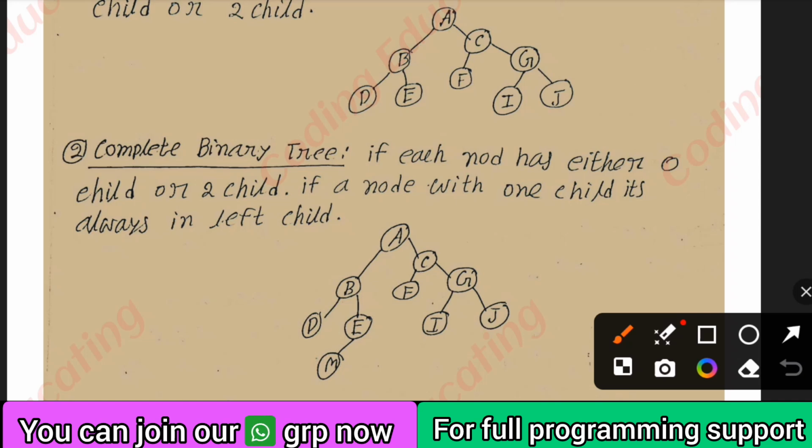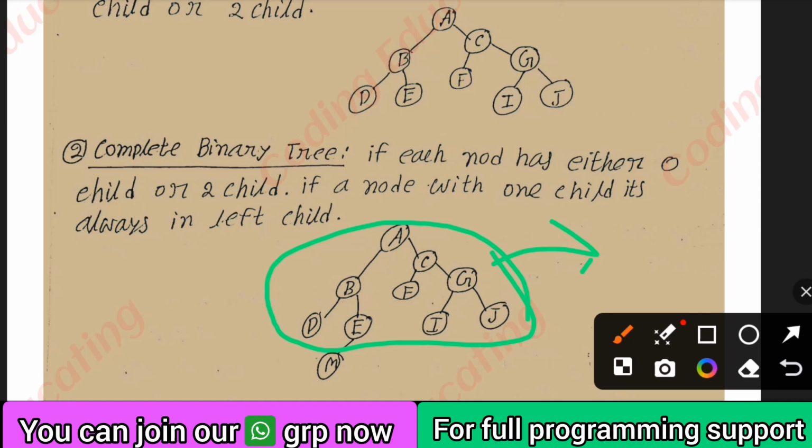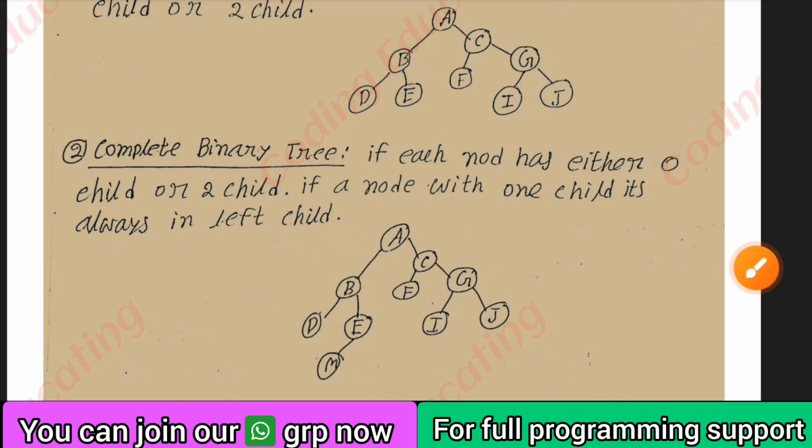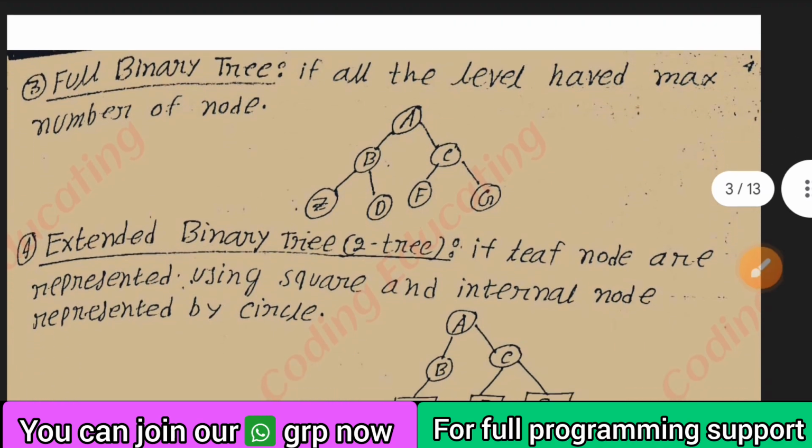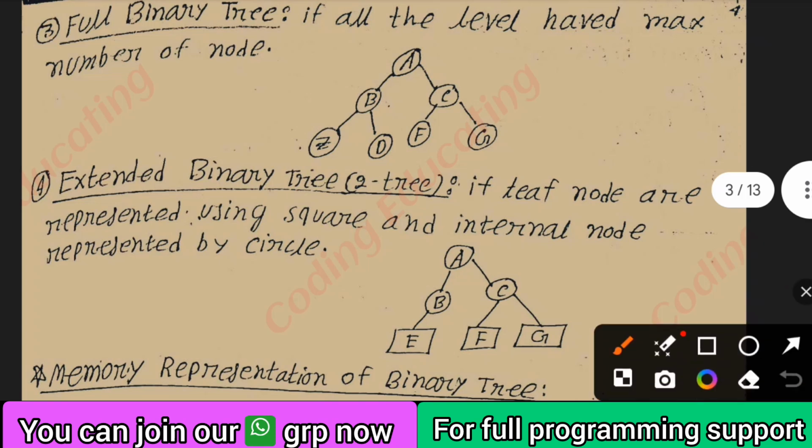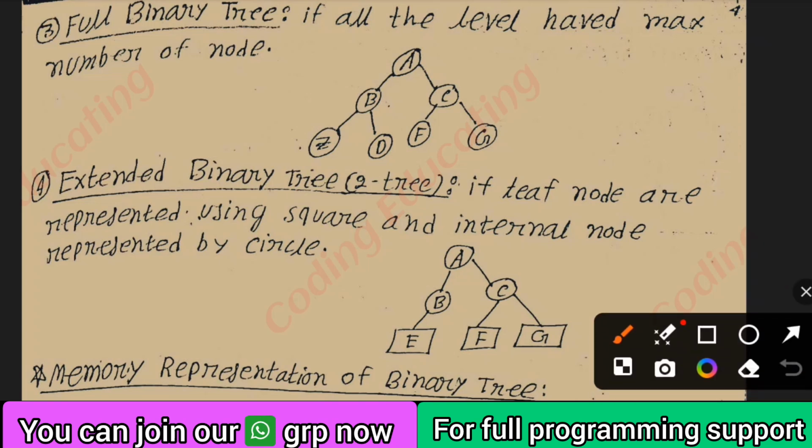So it is like the previous example, only this part is a strictly binary tree, and if any single child is in this tree, then it will be on the left side. So M is on the left side of E. So this is complete binary tree. You have to remember this. This is very important for binary tree classification.